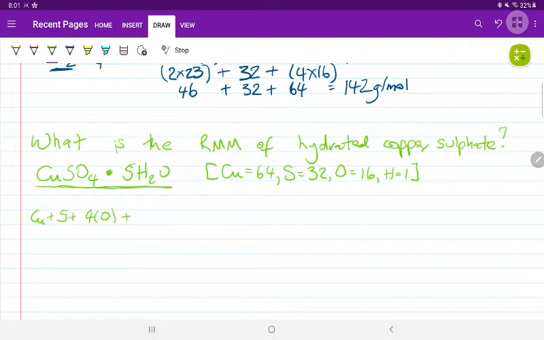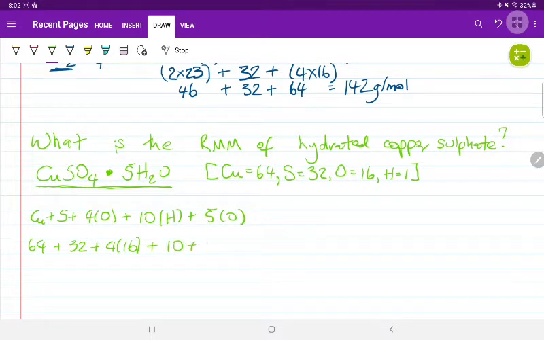So 5 multiplied by 2, 10 hydrogens plus 5 more oxygens. Okay, so copper is 64 plus 32 plus 4 times 16.